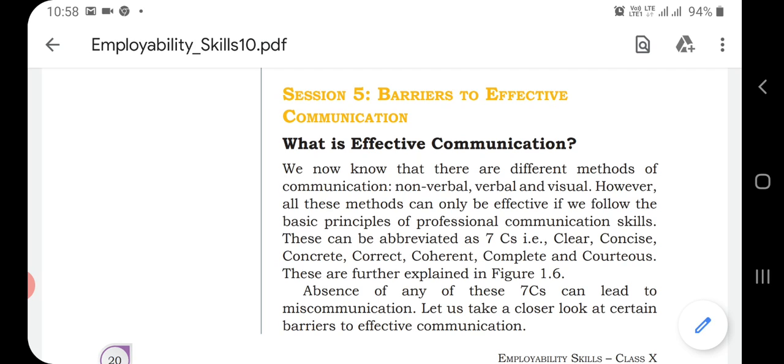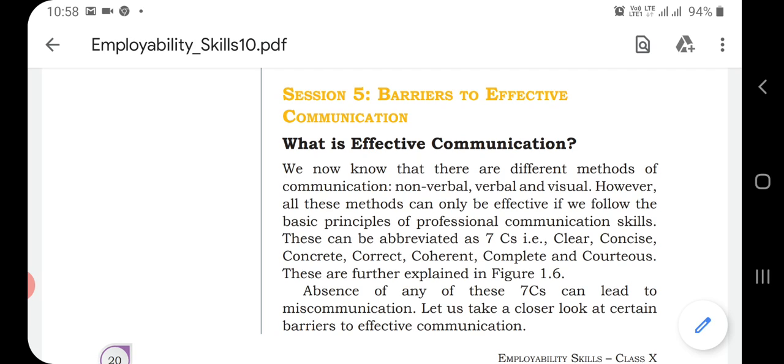There will be a miscommunication. People may take whatever you are saying in a wrong way. So we have to remember all the 7 C's very properly and very correctly. We need to interpret it correctly first of all. Absence of any of these 7 C's can lead to miscommunication.